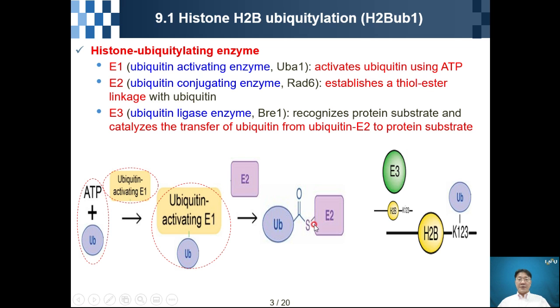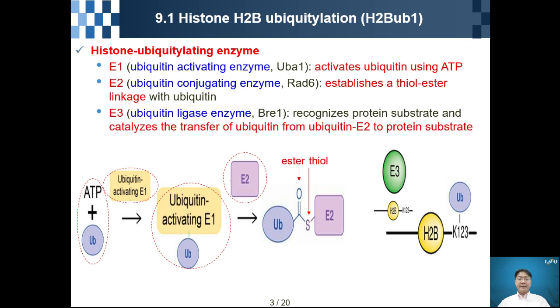This part we call the thiol, and this part we call the ester. The thiol comes from the E2 enzyme, and the ester comes from the ubiquitin. So the E2 enzyme establishes a thioester linkage with the ubiquitin. This is the main function of E2, and we call it a ubiquitin conjugating enzyme.